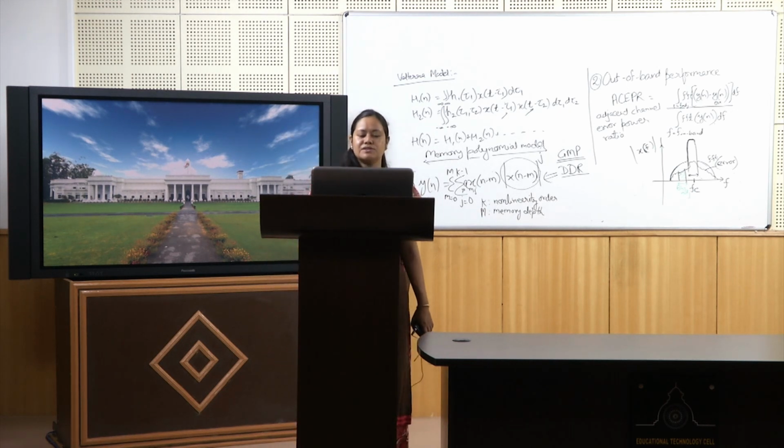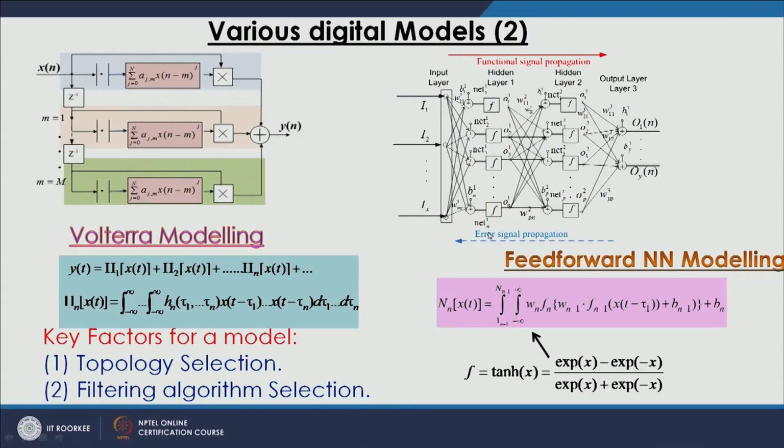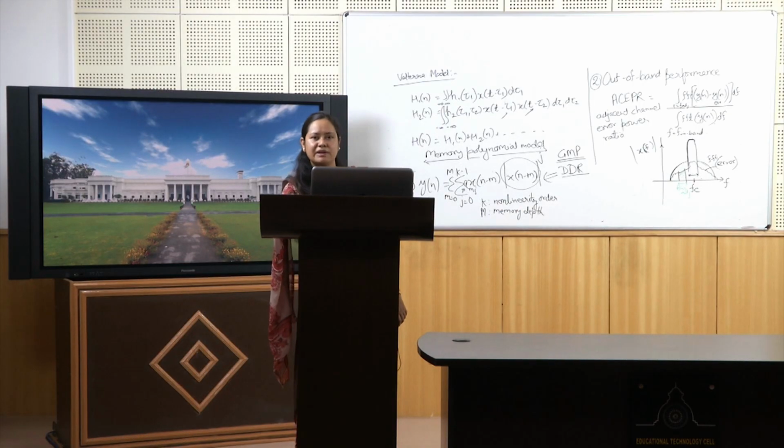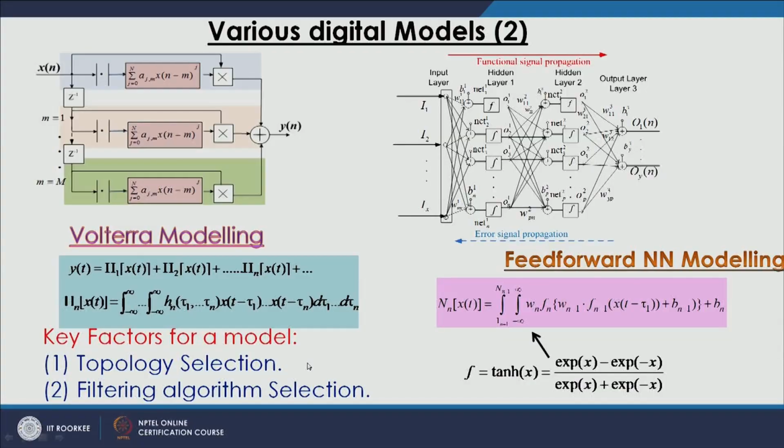So basically, once you have chosen which kind of structure you want to go with, maybe a polynomial structure, or a neural network structure, or you can even select some other kind of fitting, maybe spline fitting, and we have discussed parametric models such as the RAPP model and the Saleh model, which we can also use for fitting. So there are two factors in a model when you want to fit something.